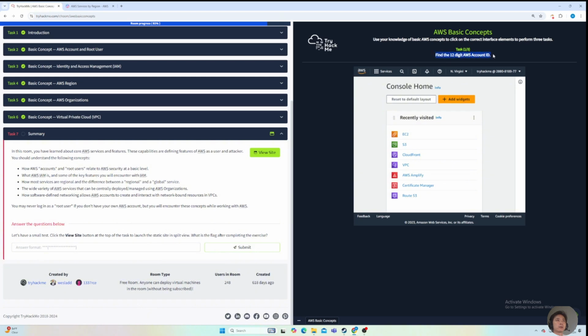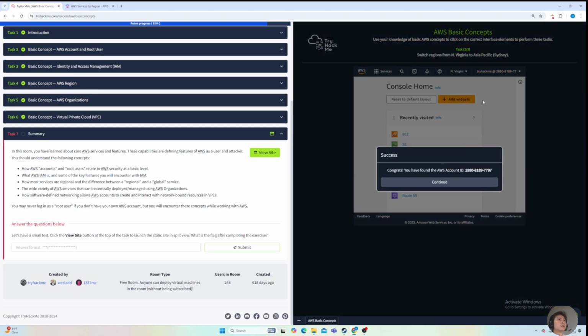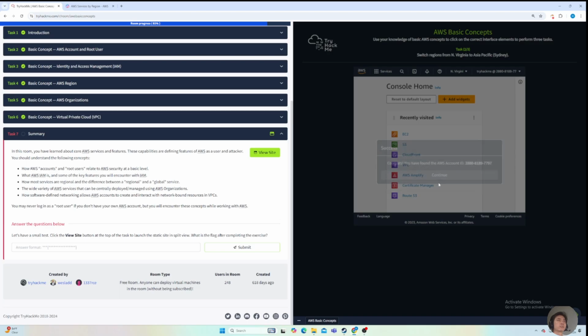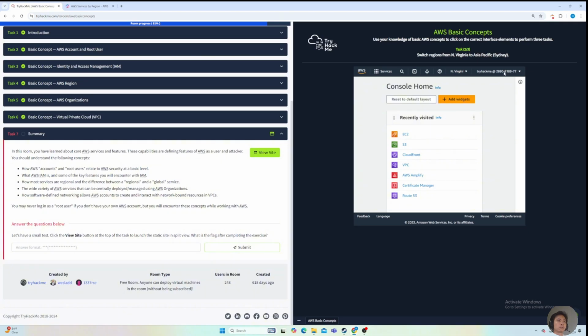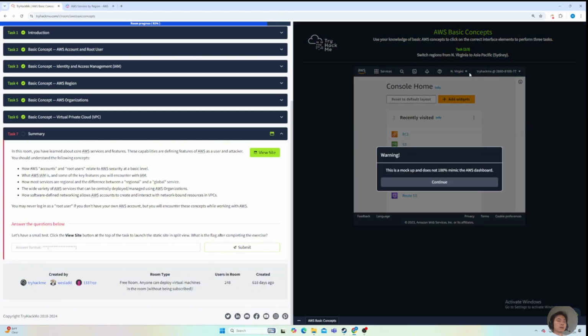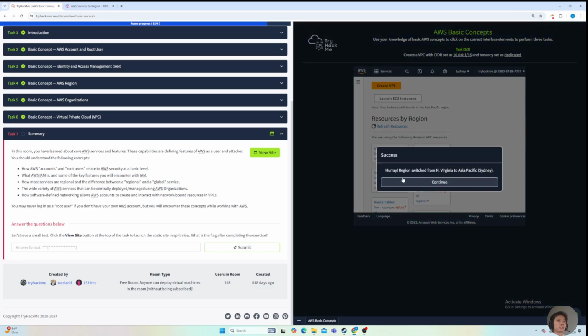It's right here. Switch region from North Virginia to Asia Pacific, Sydney, right? Yes. Hooray! Region switched from North Virginia to Asia Pacific, Sydney.